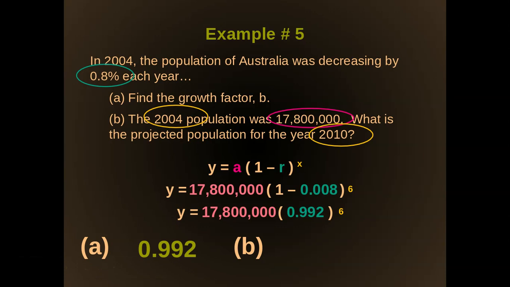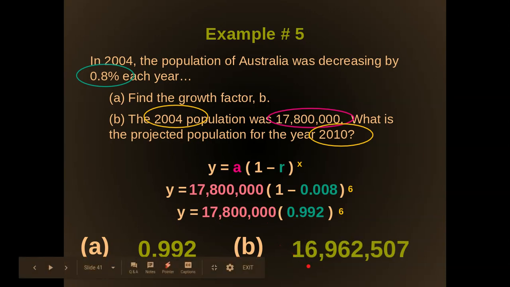Then part B asks us what the projected population would be. And for that, we need to just calculate this. So if we raise 0.992 to the 6th power and multiply by 17,800,000, we would end up at 16,962,507. Now, this growth factor makes sense.